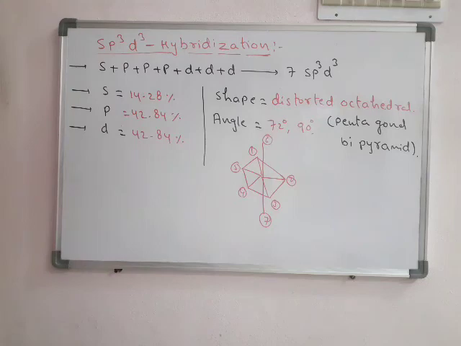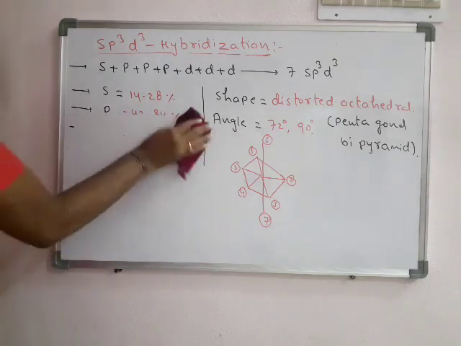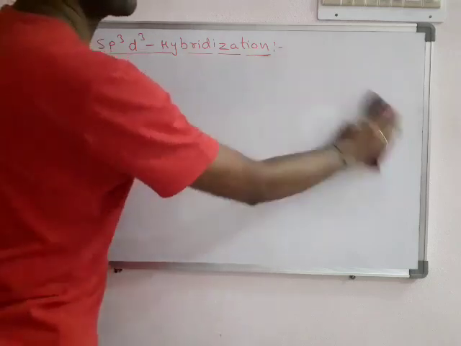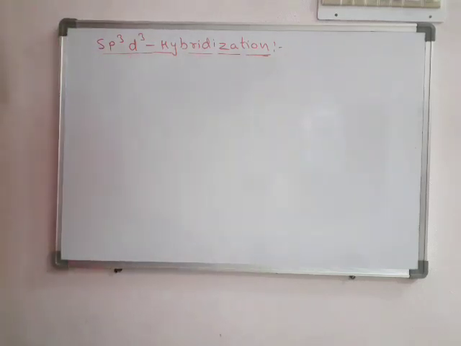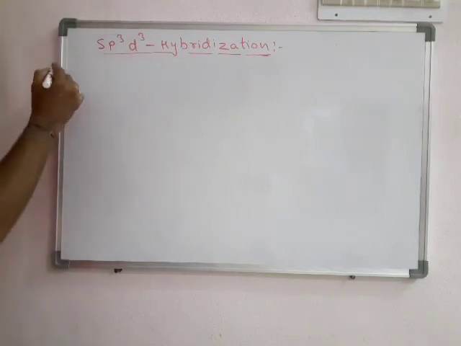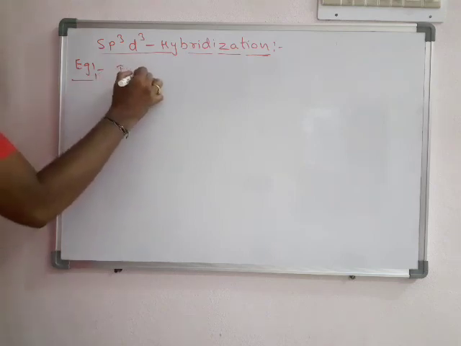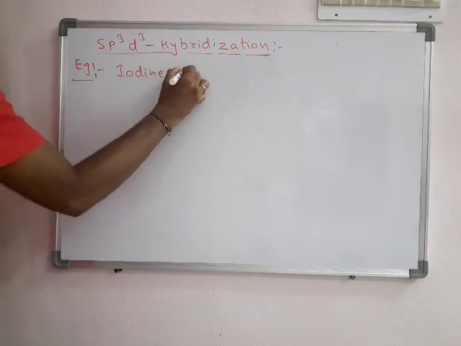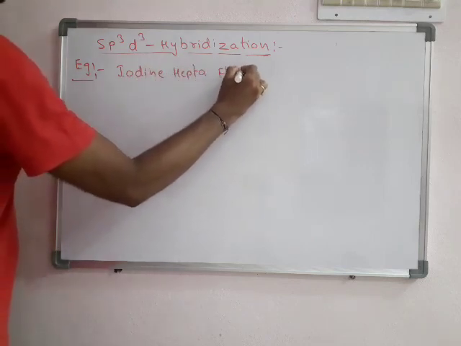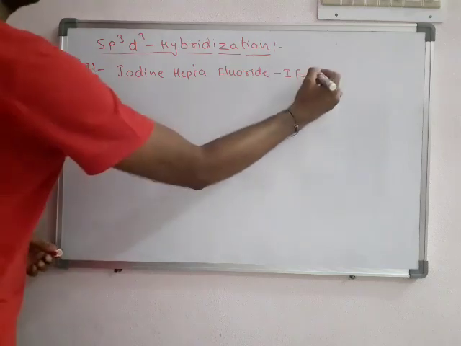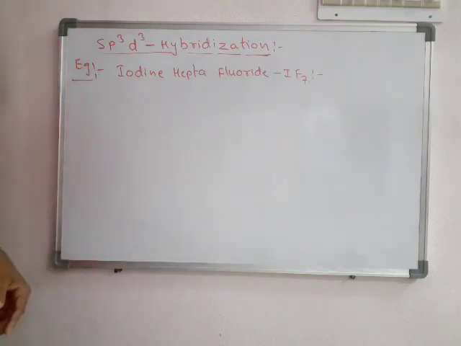Now we see one example for it. There is only one example, a rare example: iodine heptafluoride, IF7.